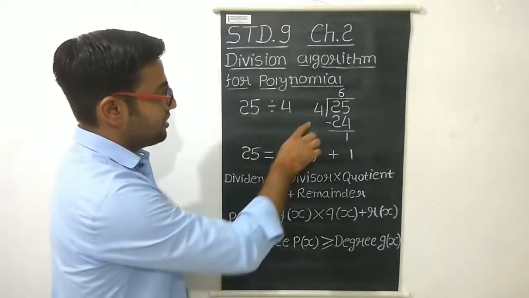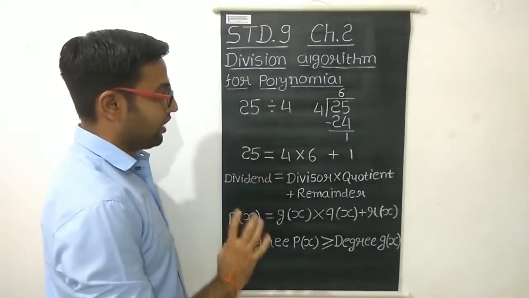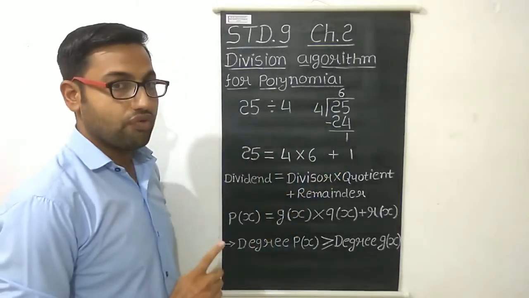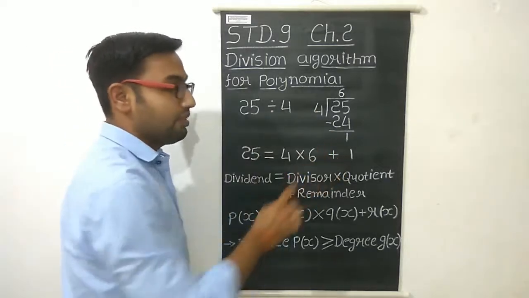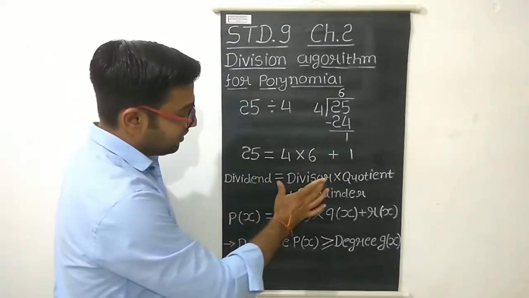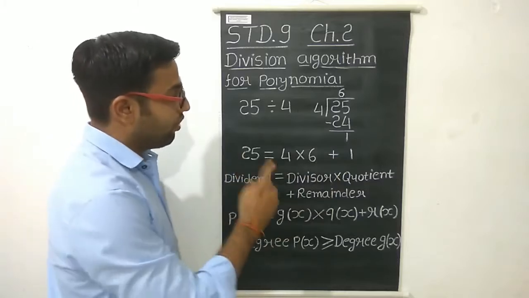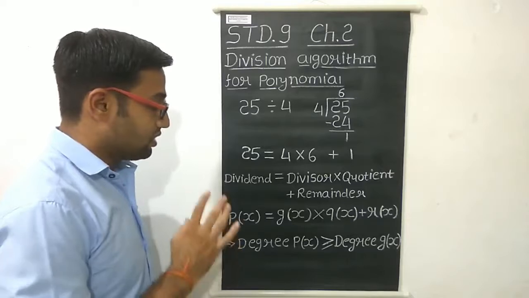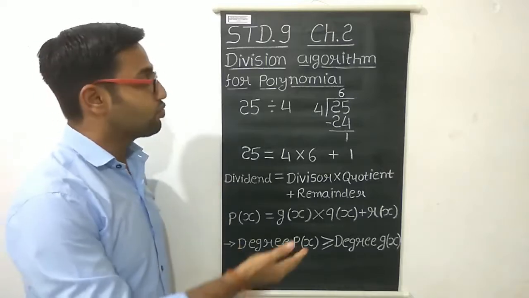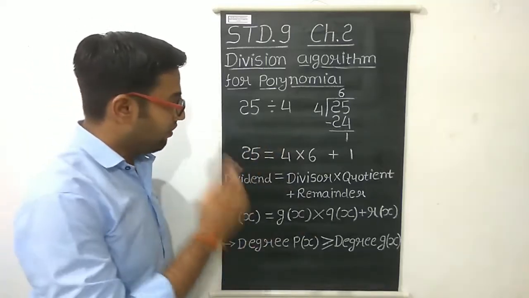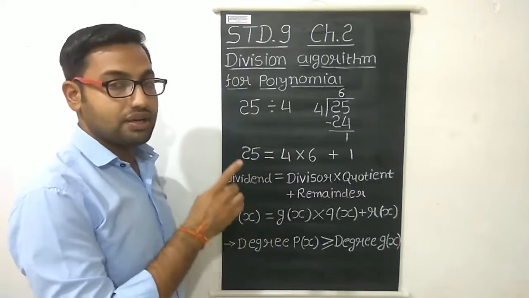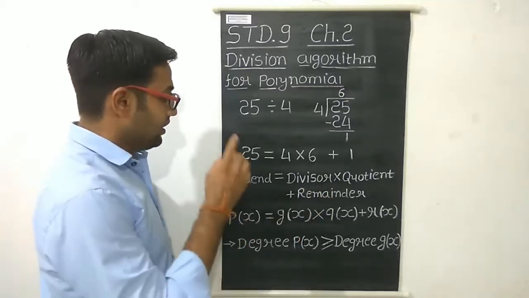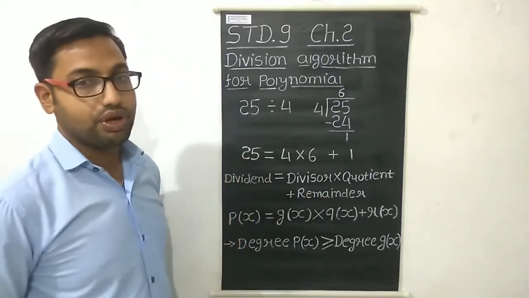So simply we can say that 4 is not a factor of 25, because here we get remainder equal to 1. Whenever the remainder becomes 0, the divisor becomes one of the factors of the dividend. The same thing applies to polynomials. Whenever the remainder becomes 0, the divisor polynomial is called a factor of the dividend polynomial.